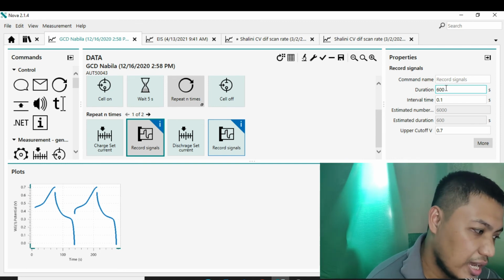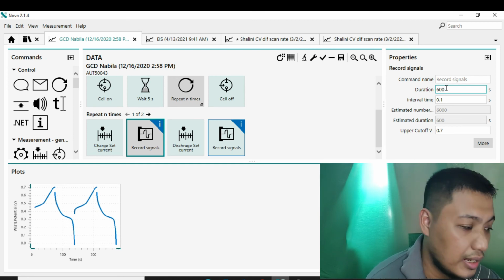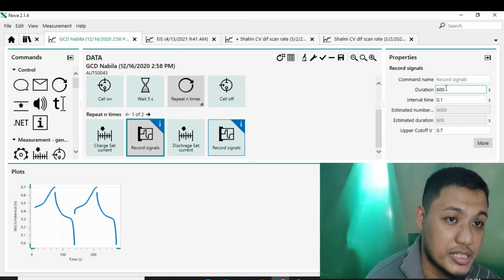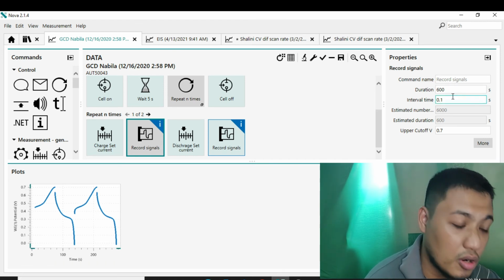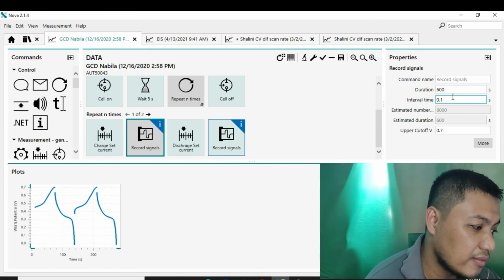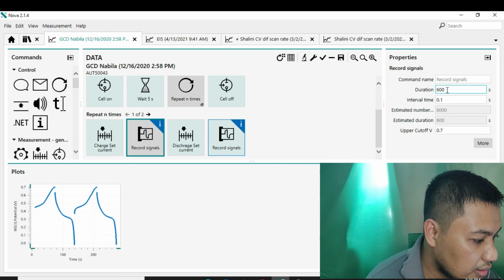Normally it does not reach 100 seconds. If it does, you just put more. There's nothing so much important here. Just put more, because normally the discharge is less than 600. If your sample is very good and has a longer discharging time, you can increase the time to 1000 or 2000. Then this is the cutoff voltage.